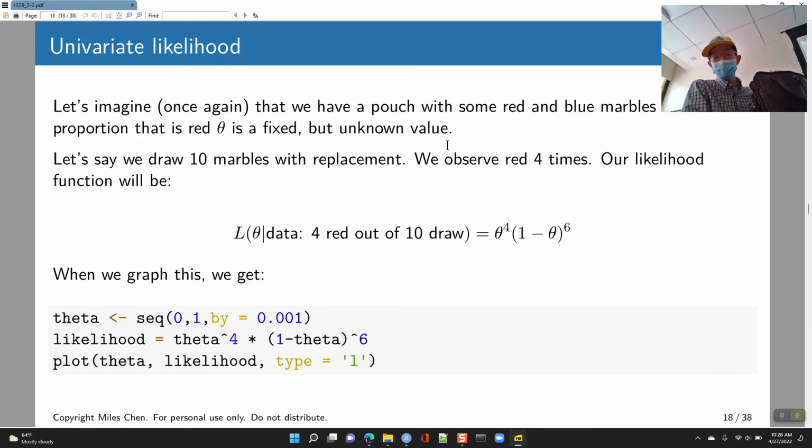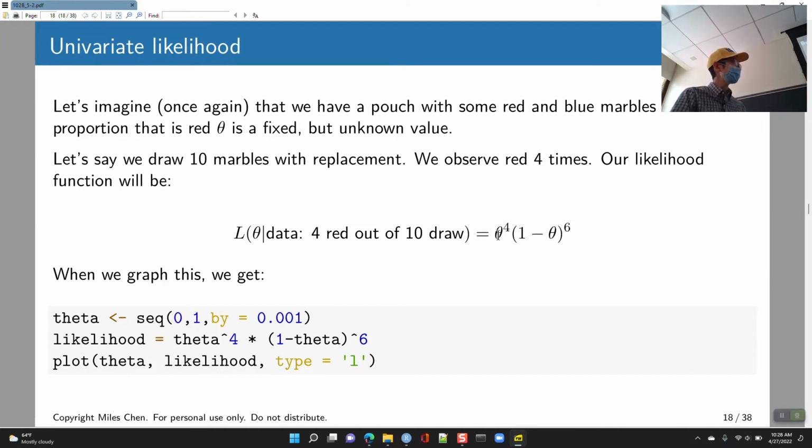So if we do this and ask what is the likelihood of getting our sequence of data, whatever it was, the unknown parameter is the proportion that is red, theta.